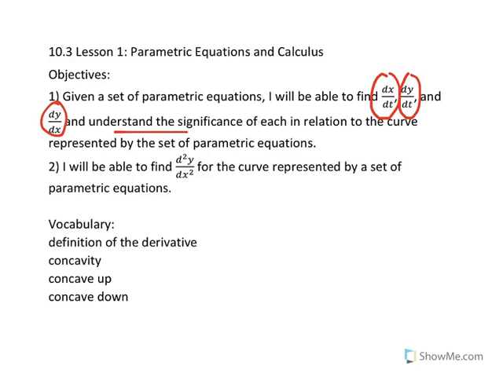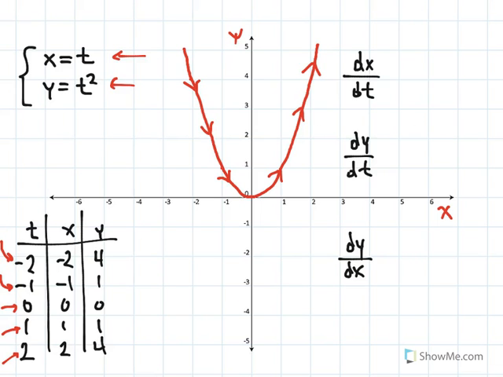That's what we mean by understand the significance of each in relation to the curve represented by the set of parametric equations. Today we will learn a theorem that will help us to find dy/dx when you have a curve represented by a set of parametric equations. But the other two derivatives that you see before that can be found just by using the differentiation rules that we learned from Calculus AB.